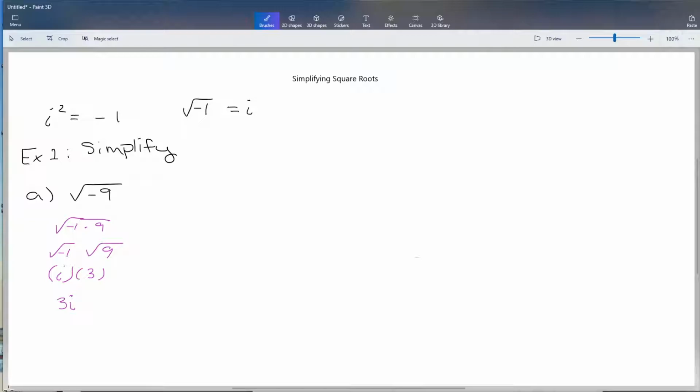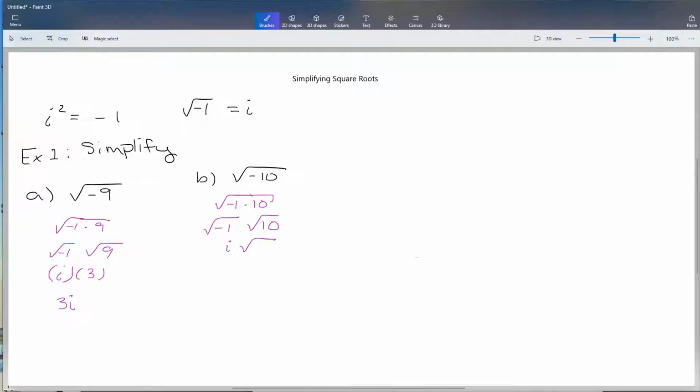Let's look at another example. We're going to split this up again, so it's -1 times 10. So the square root of -1 times the square root of 10. And again, the square root of -1 is i.